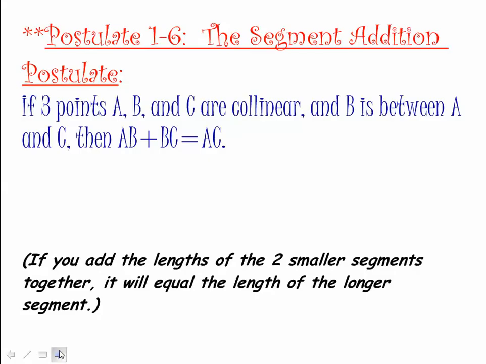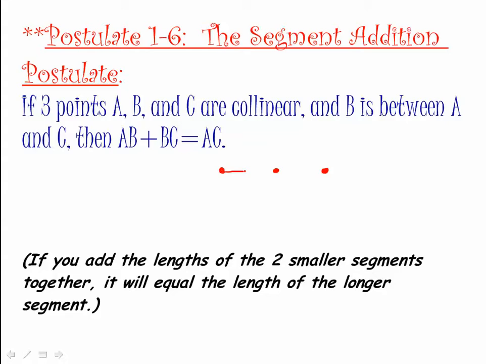Our next postulate, postulate 1.6, is called the segment addition postulate. It says if 3 points A, B, and C are collinear, and B is between A and C, then the distance from A to B plus the distance from B to C is equal to the distance from A to C. Let's look at this in a drawing. This simply says we're going to have 3 points all on the same line.